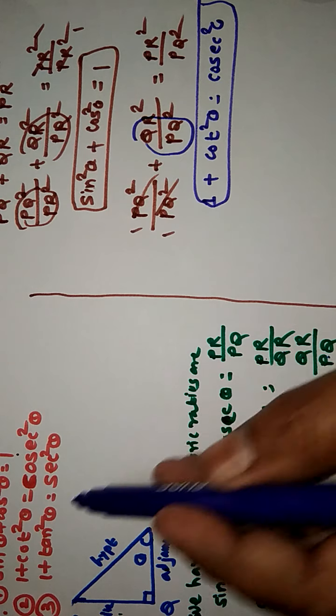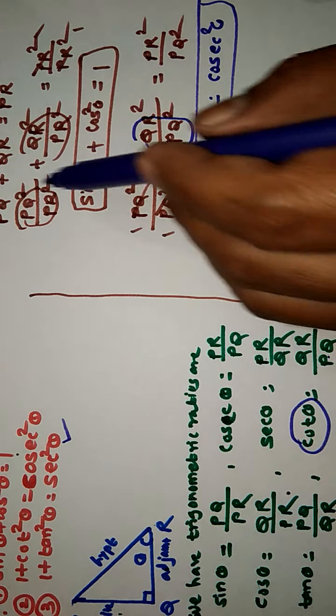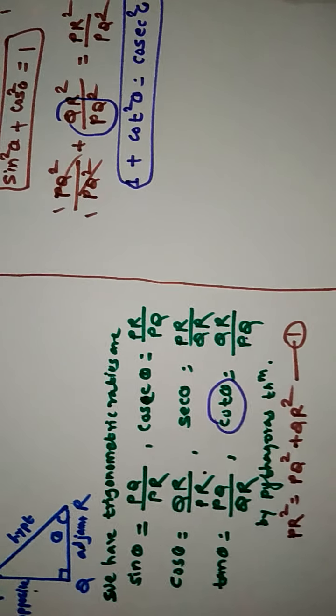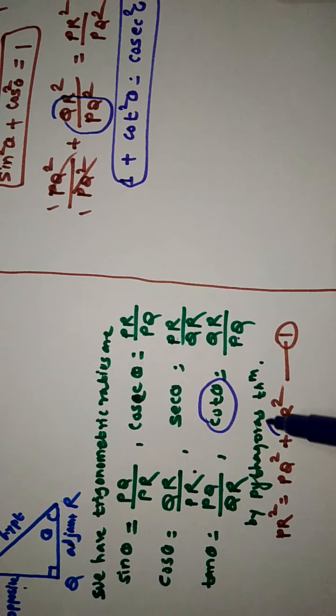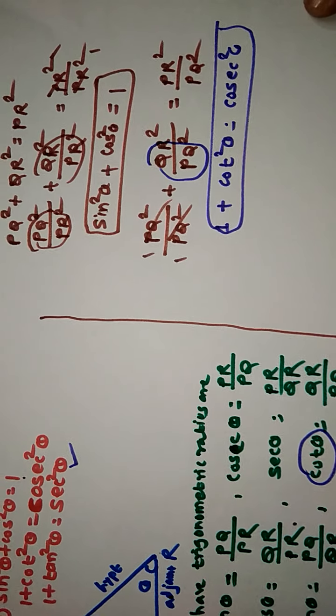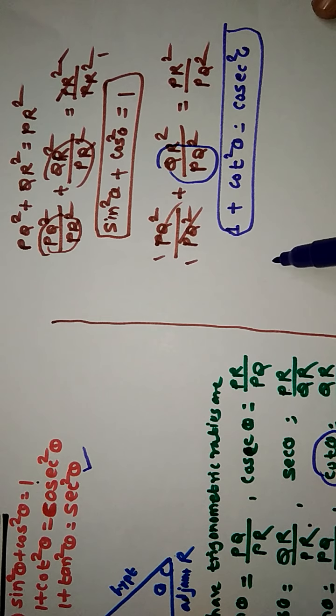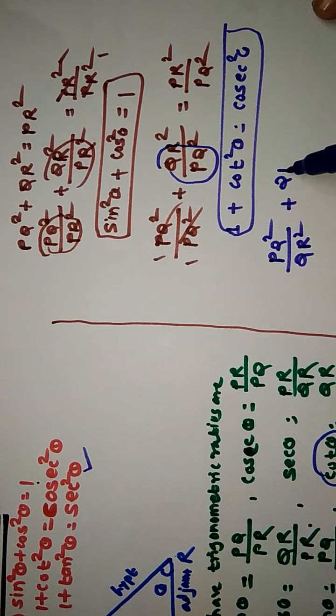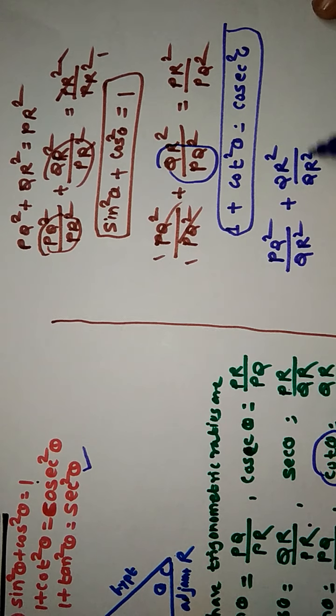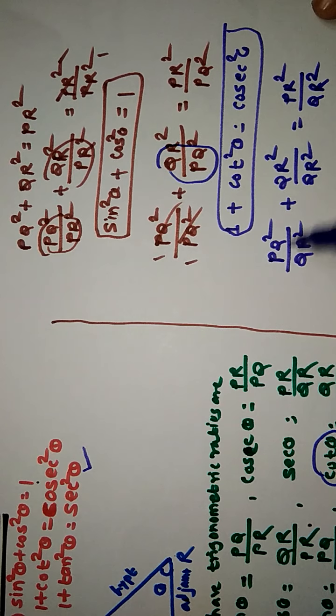And to prove the third identity, 1 plus tan square, divide both sides by QR square. On dividing both sides by QR square, PQ square upon QR square plus QR square upon QR square is equal to PR square upon QR square. These terms cancel and we get 1.